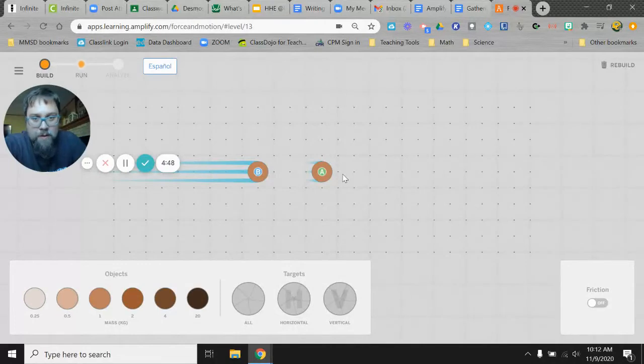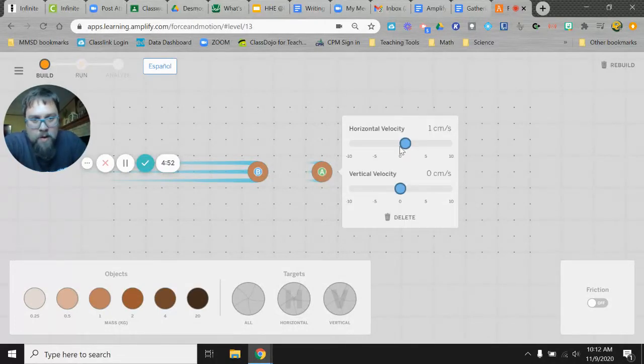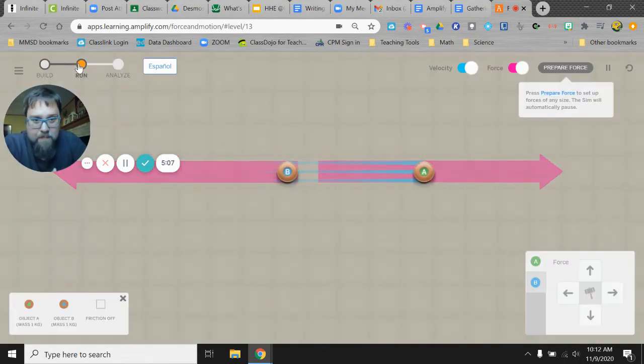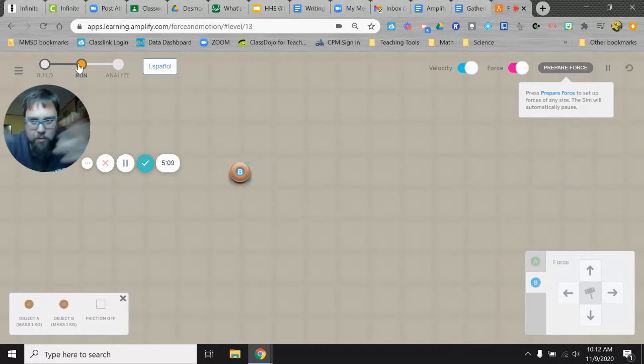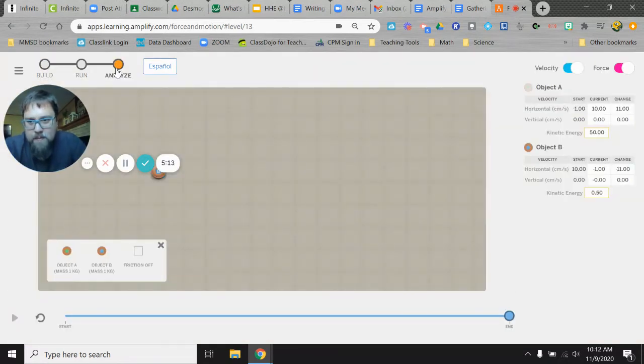Let's go back to build. Like, what if A was moving slowly towards object B? Okay, so then B would be traveling in the opposite direction. Well, let's just see what would happen. Would A speed up again? Let's see. All right, so again, this collision happens quickly, so it's hard to see, but let's click on the analyze.